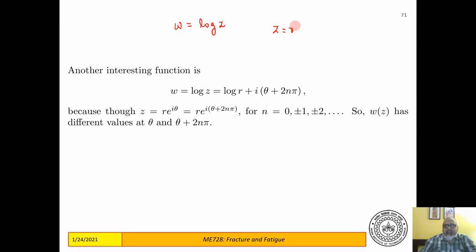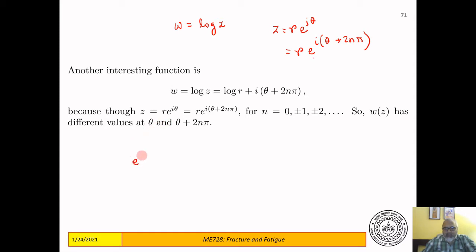Remember, z is r e to the power i theta, but this can also be written as r e to the power i (theta plus 2n pi). Every time you come back 2 pi, you get the same values.